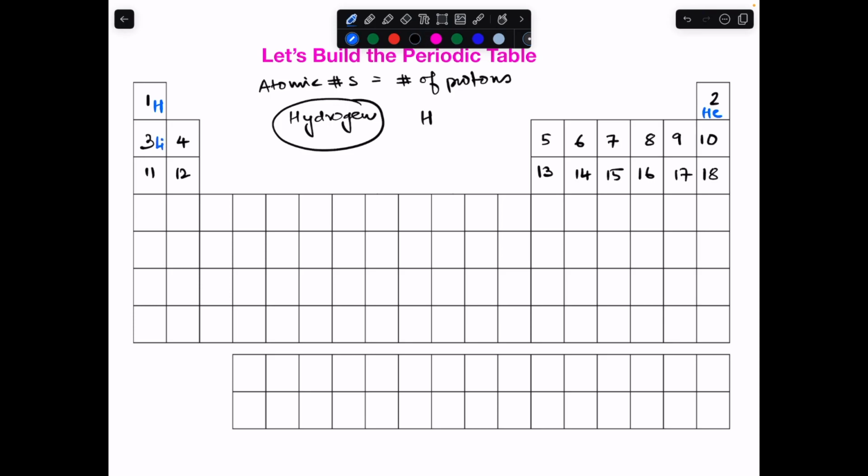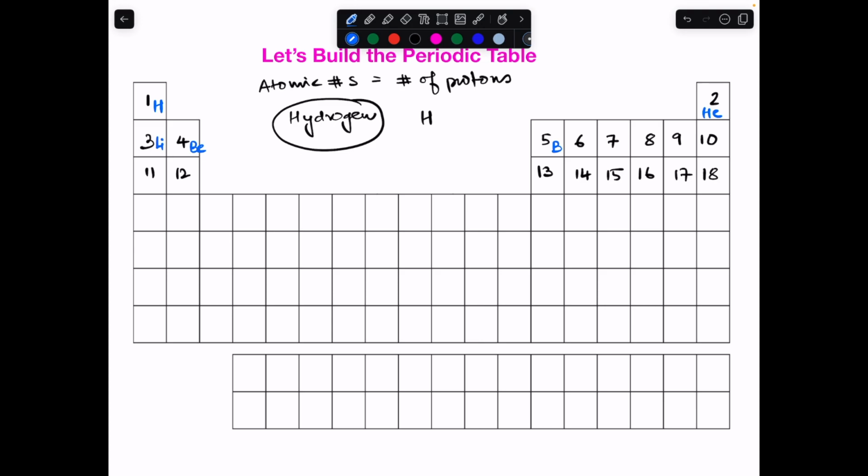Then number 4 is beryllium, which is expressed as Be, and then you have boron. See the logic here: boron starts with B as well, so you keep the capital B for boron, and beryllium is a capital B with a lowercase e.